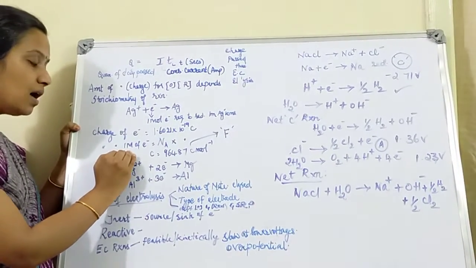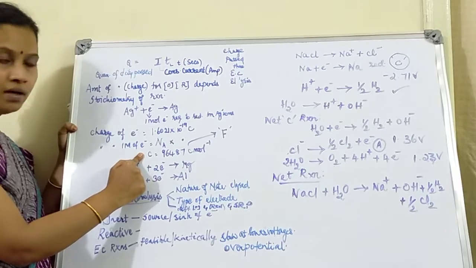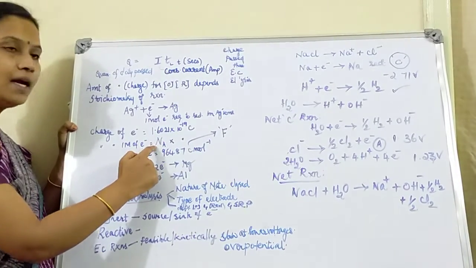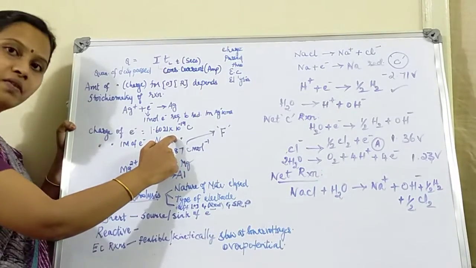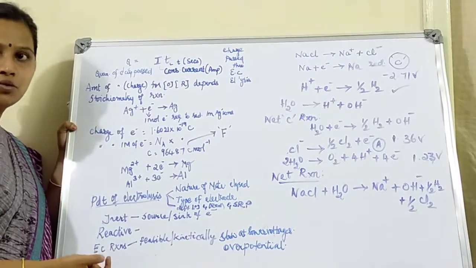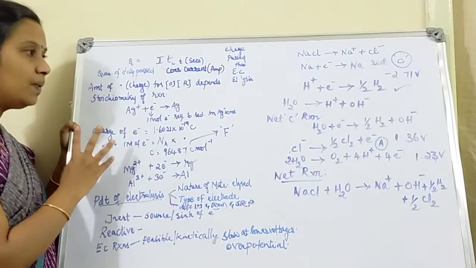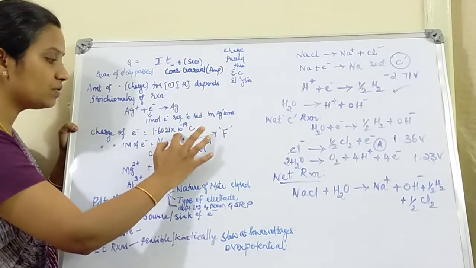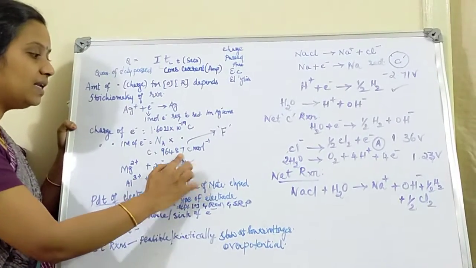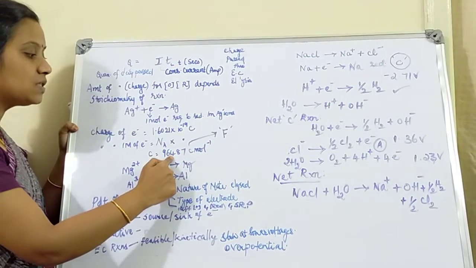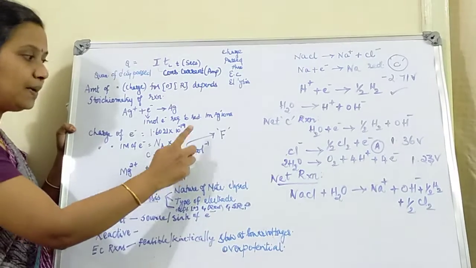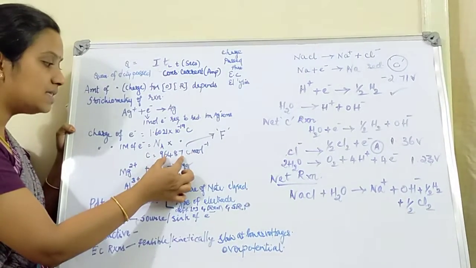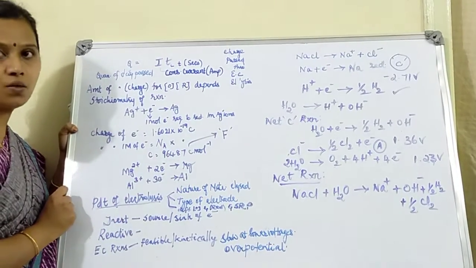So, to know the charge of 1 mole of electrons, I have to multiply the Avogadro number with the charge of 1 electron. What is the Avogadro number? 6.023 into 10 power 23. So multiply your Avogadro number with the charge of the electron. I will be getting the final answer as 96487 C per mole. So what is this? This is called Faraday's constant.